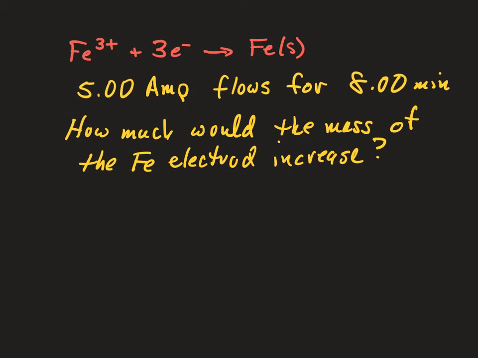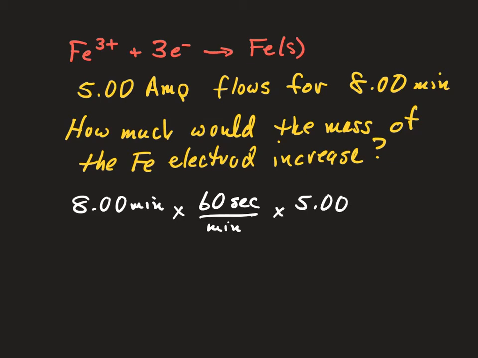Well, we've got 8 minutes, but our definition of amps includes per second. So let's convert our 8 minutes times 60 seconds per minute. That will give us how many seconds our current flowed. And our amperes, that's really coulombs of charge per second.